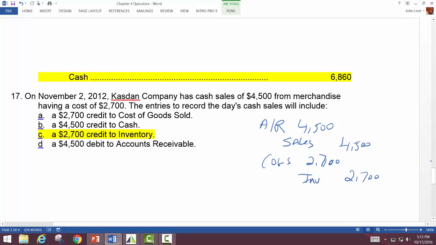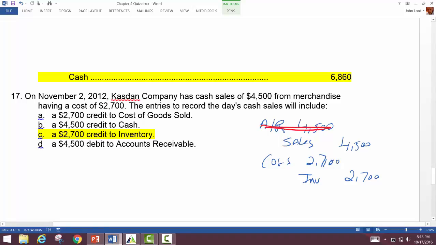Company has cash sales of $4,500 for merchandise costing $2,700. The entry to record the day's cash sale will include... Oh, it's a cash sale. Read the question carefully. Since it's a cash sale, we wouldn't debit accounts receivable.